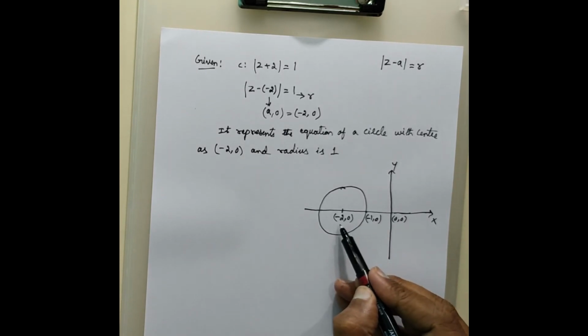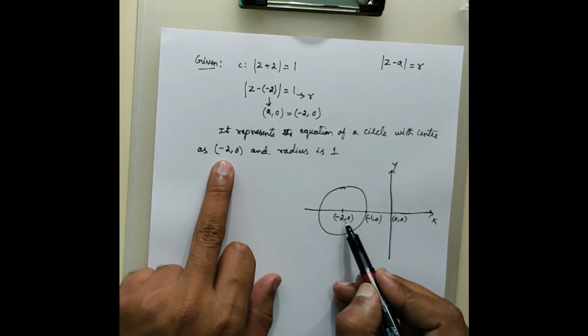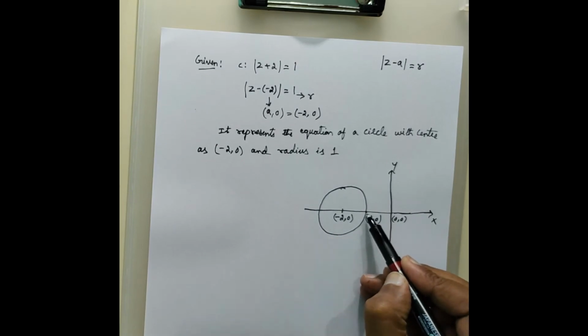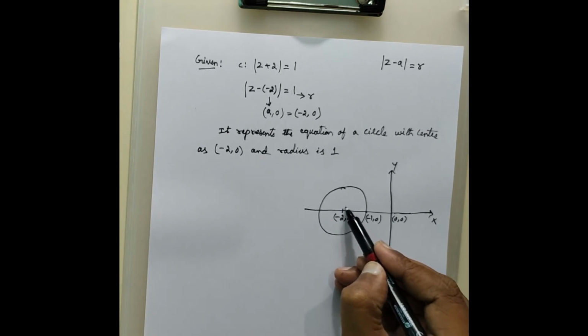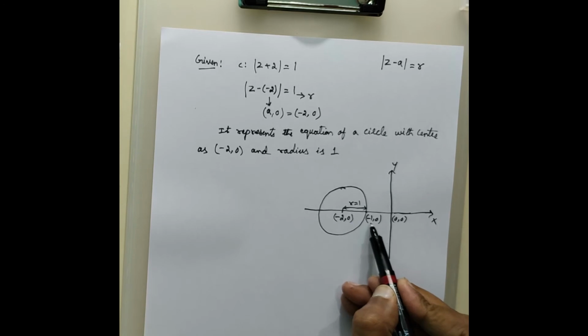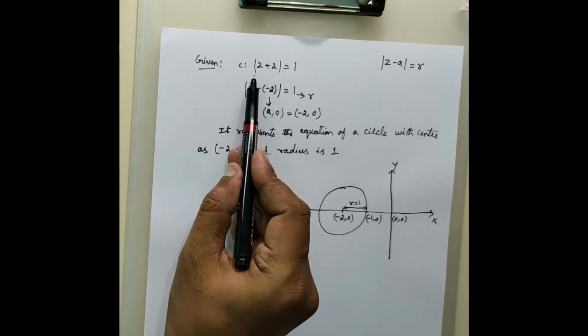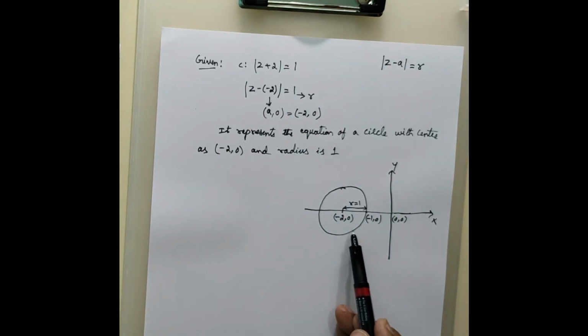The reason why I have taken minus 1 comma 0 on the circumference is because minus 2 comma 0 is the center and the radius is 1. So the point minus 1 comma 0 is taken on the circumference, which gives us the radius as 1. So you can see that represents the circle modulus of z plus 2 equals 1, with the center as minus 2 comma 0 and radius equal to 1.